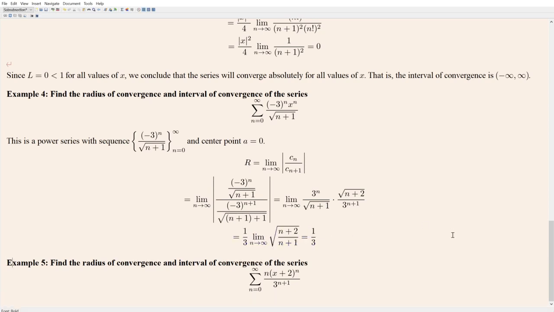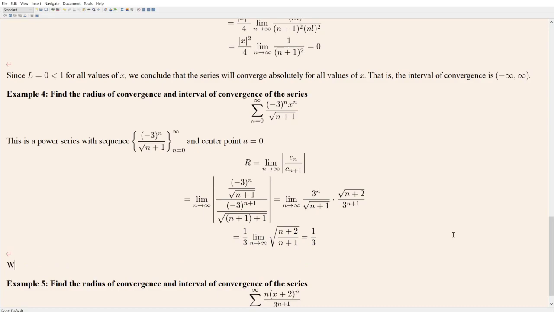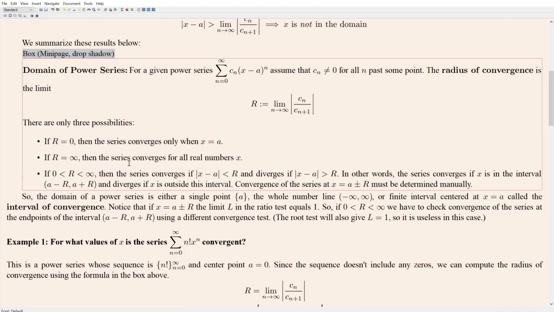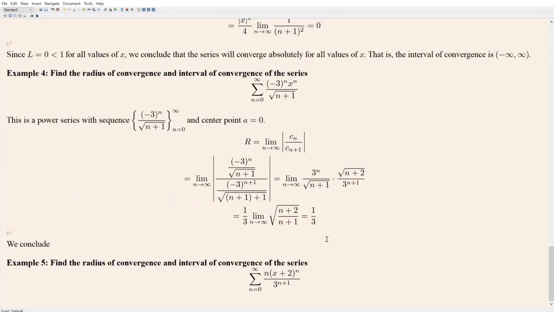So that is the radius of convergence. So, what case does that correspond to? Not 0, not infinity. So it's this case here. It converges inside this interval.